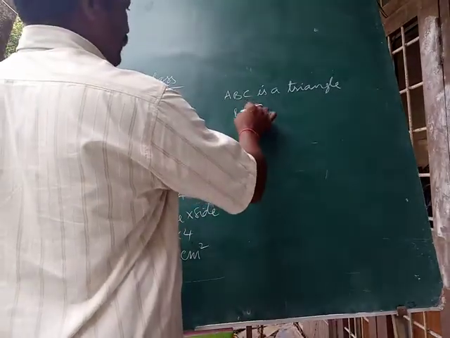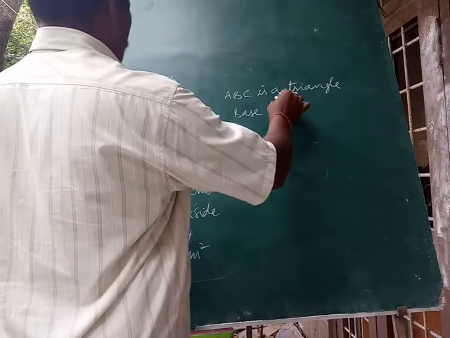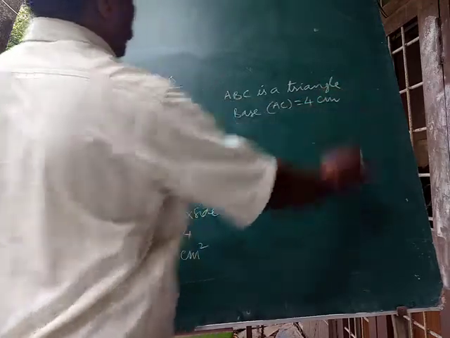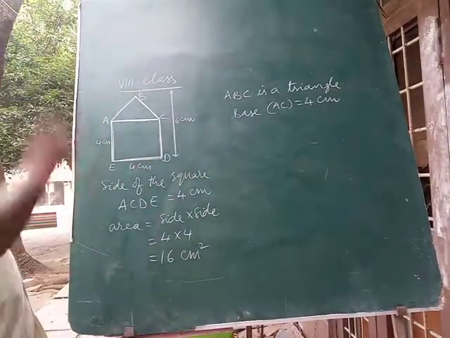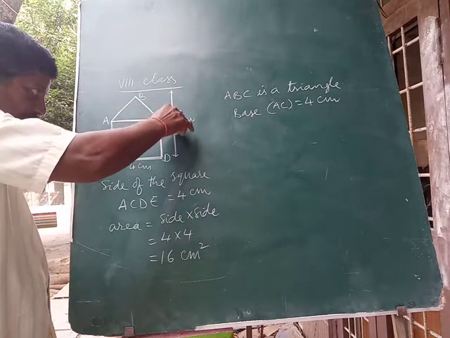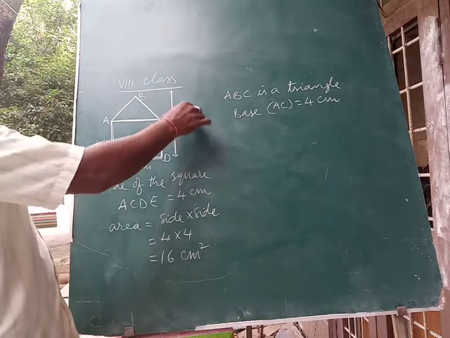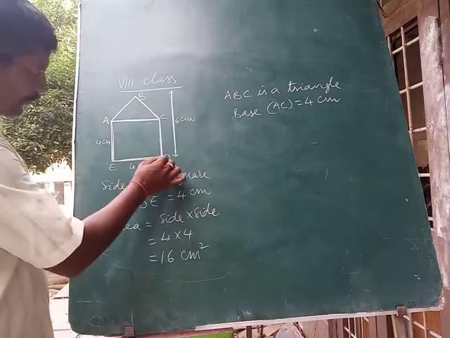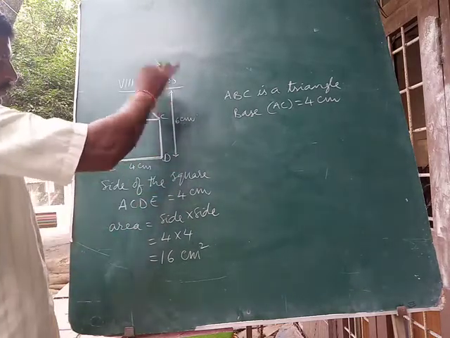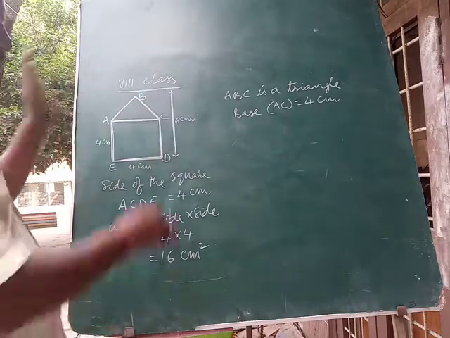Now, base AC is equal to 4 centimeters. Next, what is its height? See here, this is a line. This total length is 6 centimeters. It means from bottom to top, the length is 6 centimeters.